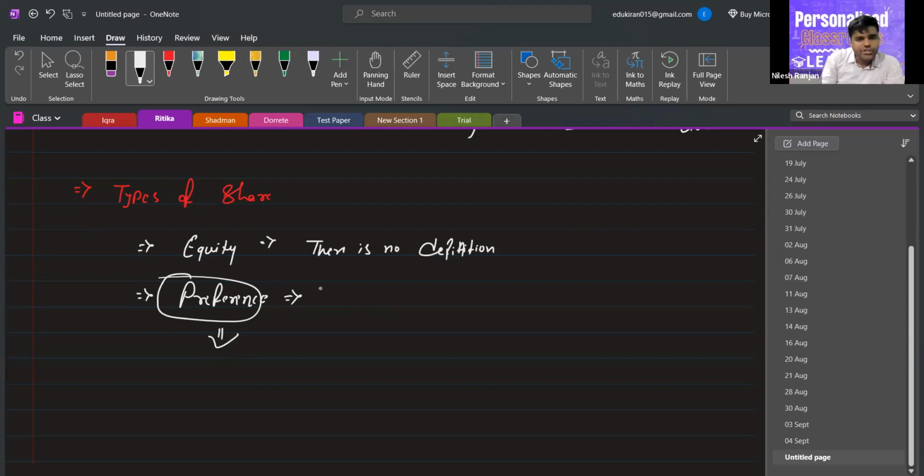So preference shares mean shares or shareholders which have preferential rights.